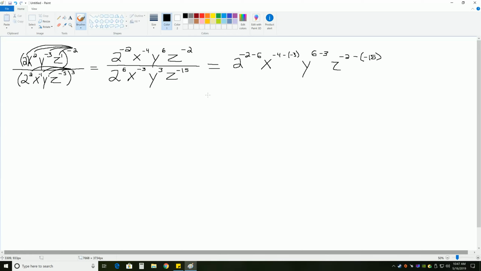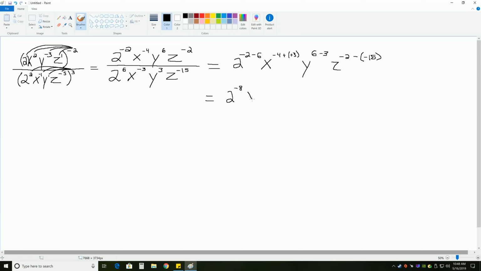So now we can just start simplifying. 2 to the negative 2 minus 6 gives us 2 to the negative 8. Up here, negative 4 minus negative 3, well, minus negative 3 is the same thing as plus positive 3. Remember, whenever you're subtracting a negative, it's the same thing as adding a positive.